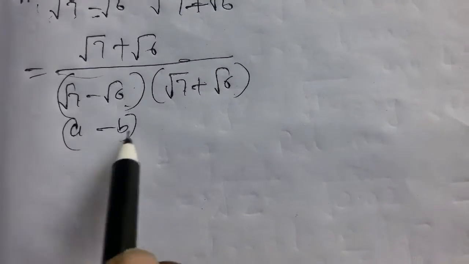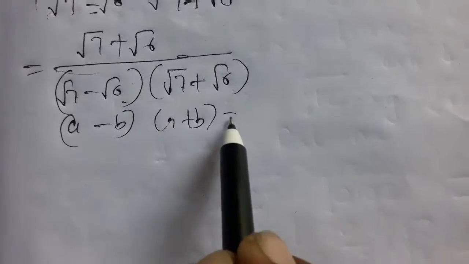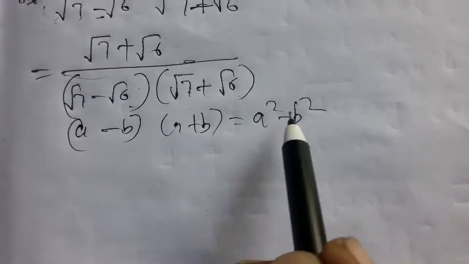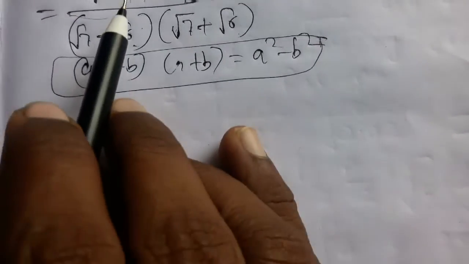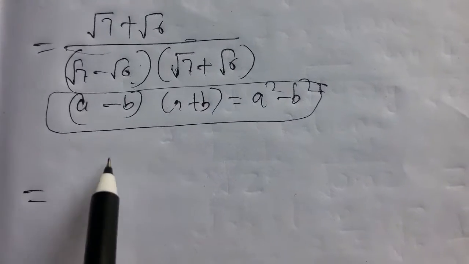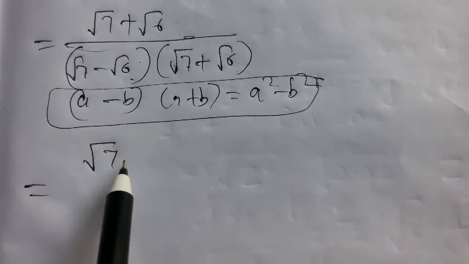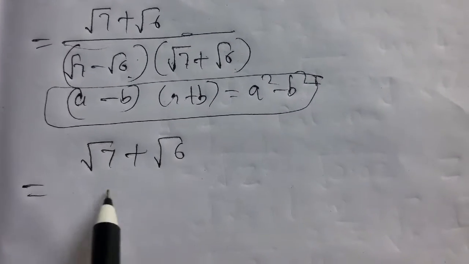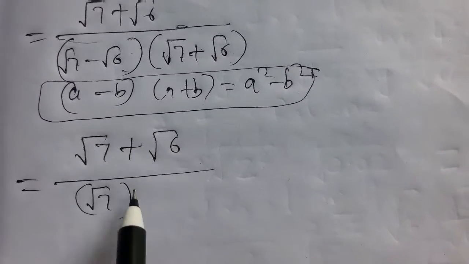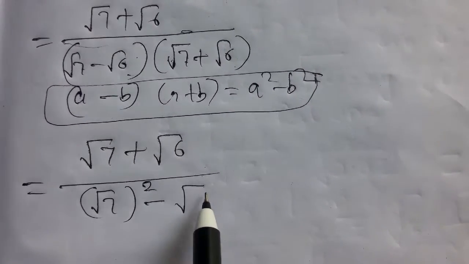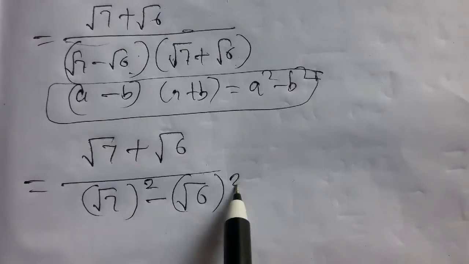So a minus b into a plus b is equals to a square minus b square formula, isn't it? That formula is used here, denominator value, that becomes numerator right same as it is, root 7 plus root 6 by root 7 whole square minus root 6 whole square.